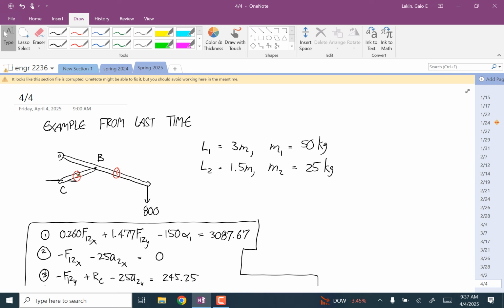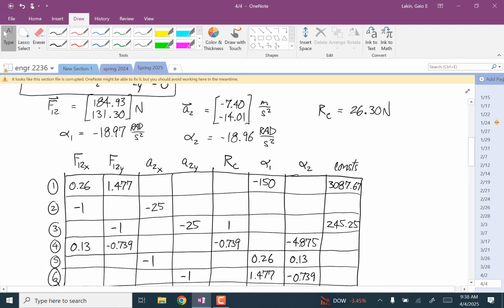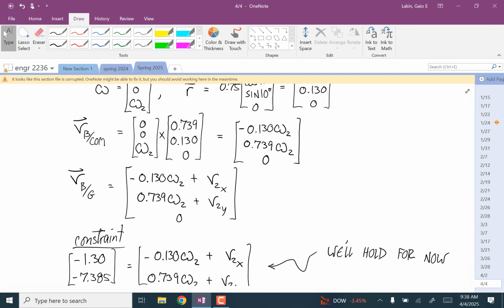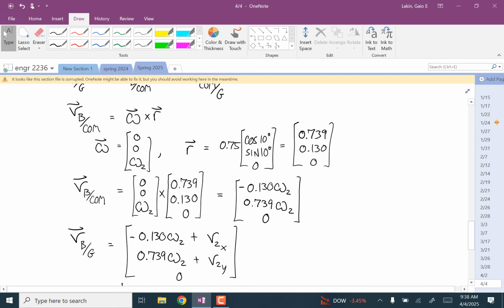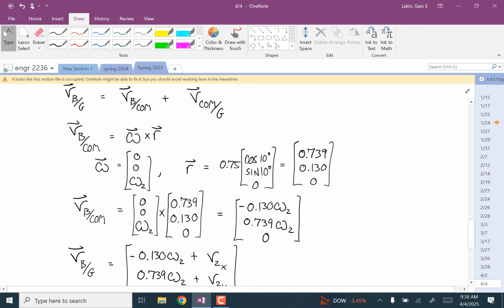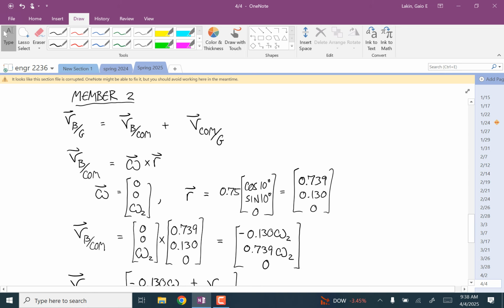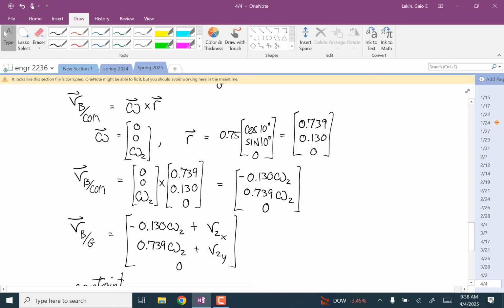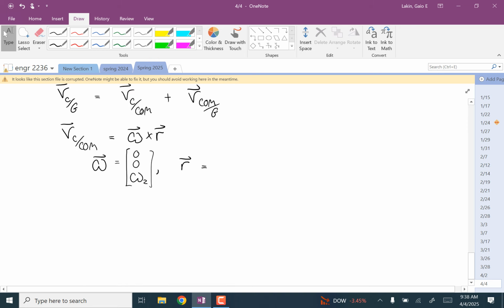The r vector is going to go from the center of mass to the point C. So that's 0.75 times cosine and sine of 190 would work. Or you can just take the opposite of what we just did here. So negative 0.739, negative 0.130.